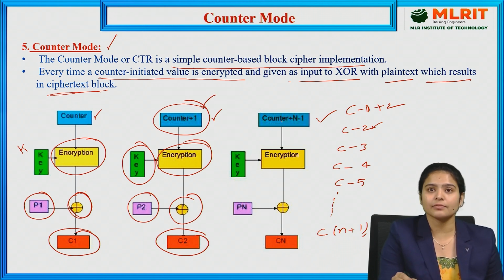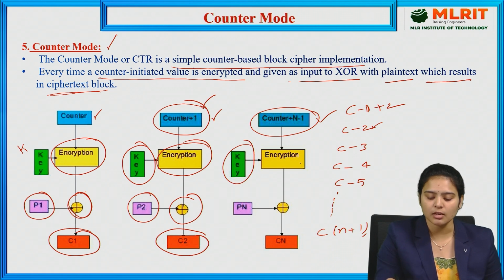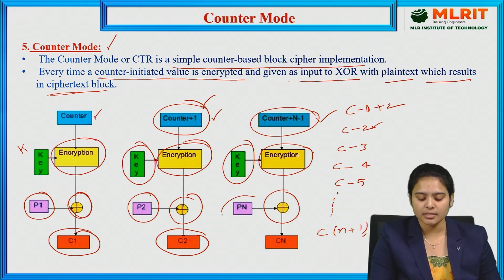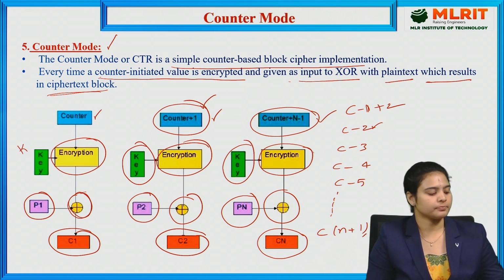At last, we need to get counter plus n minus 1. So for counter n minus 1, we repeat the same process using the key. We perform the encryption and use the XOR operation with plaintext n to get the ciphertext of the nth process, meaning C1 to Cn and P1 to Pn. That is the counter mode.